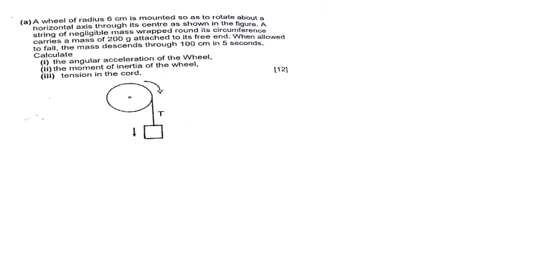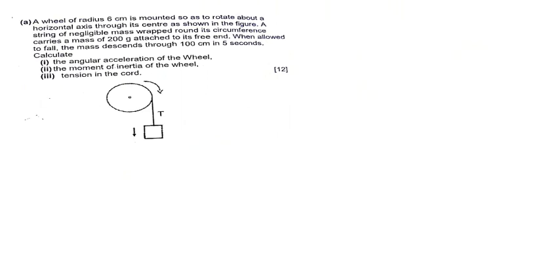So another question is saying a wheel of radius 6 centimeters is mounted so as to rotate about the horizontal axis through its center as shown in the figure below. A string of negligible mass wrapped around its circumference carries a mass of 200 grams attached to its free end.